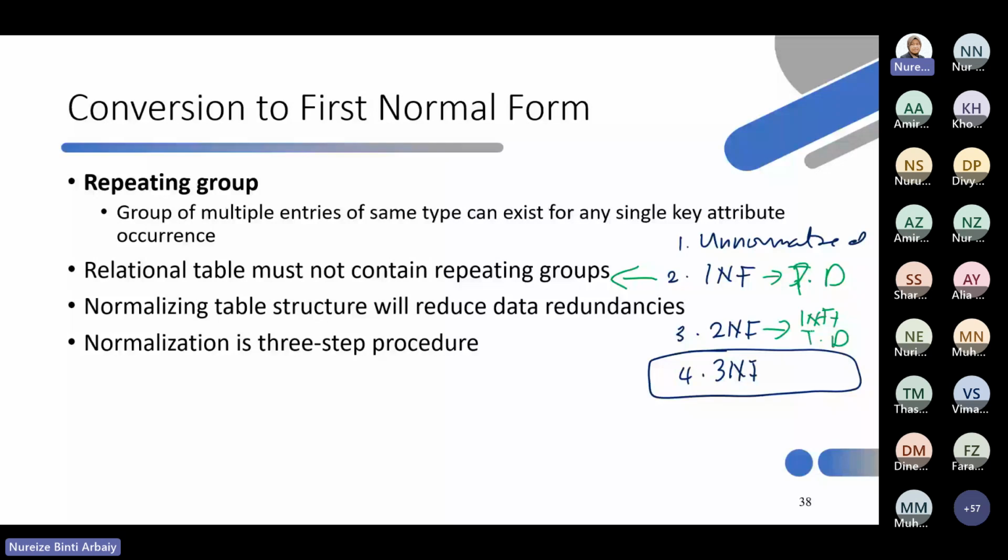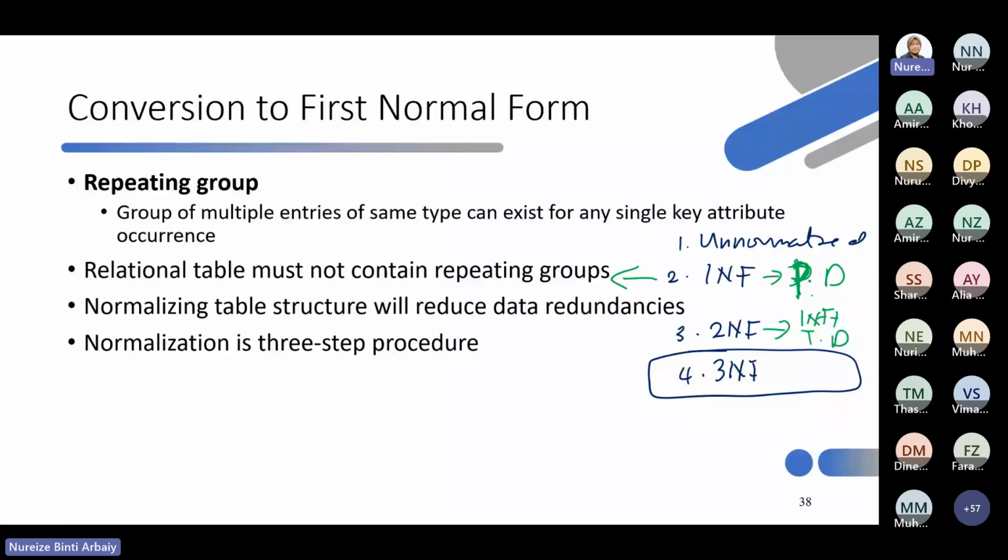In first normal form, they are actually removing or eliminating all the partial dependencies. After they finish completely removing all the partial dependencies, they are said to be in first normal form state.